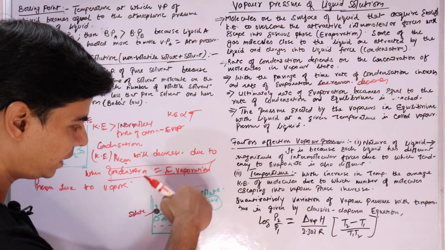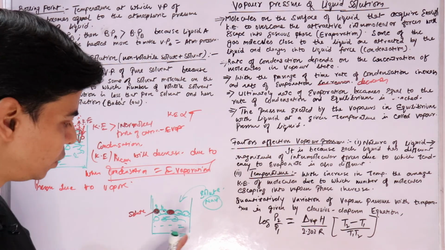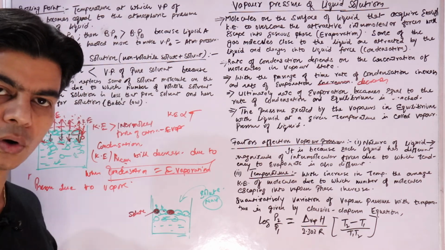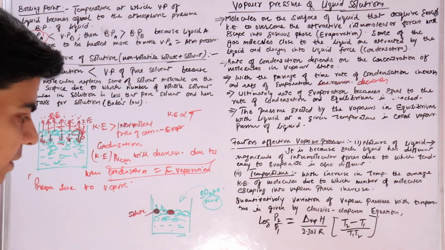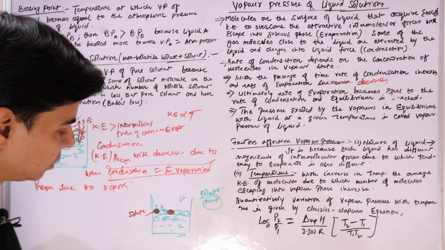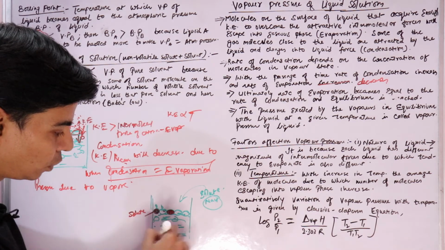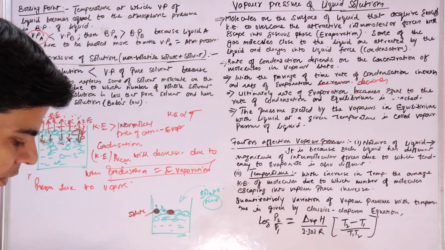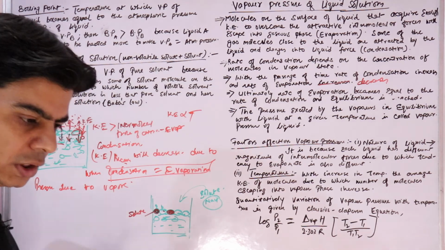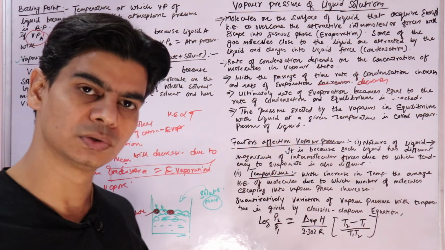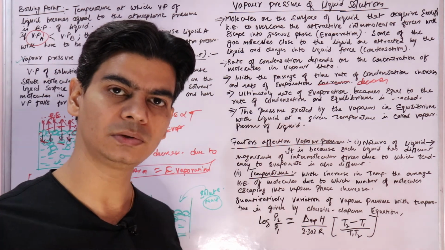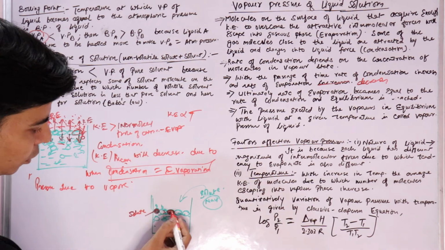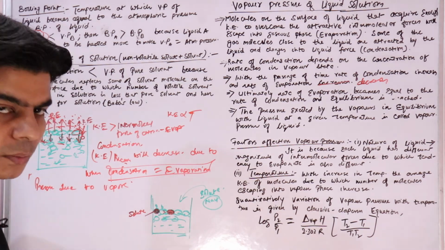So due to the addition of solute or the formation of solution, the vapor pressure of the pure solvent would decrease, right? So we say the vapor pressure of solution is less than that of pure solvent. Why? Because some of the liquid molecules are replaced by solute molecules, right? These are the solute molecules that have replaced these liquid molecules.